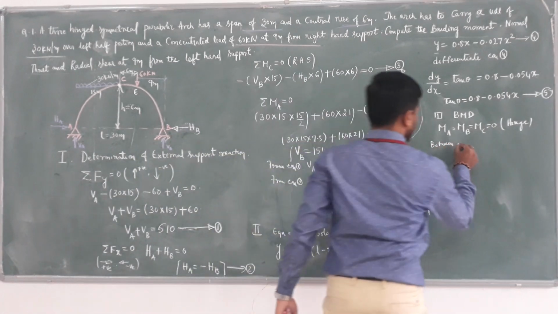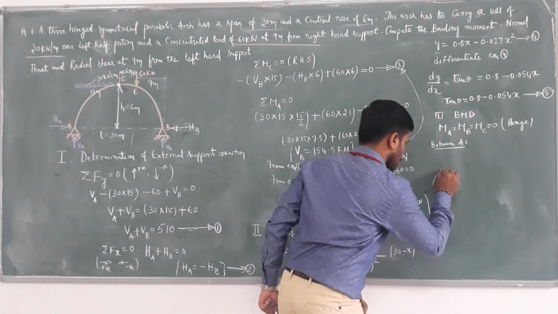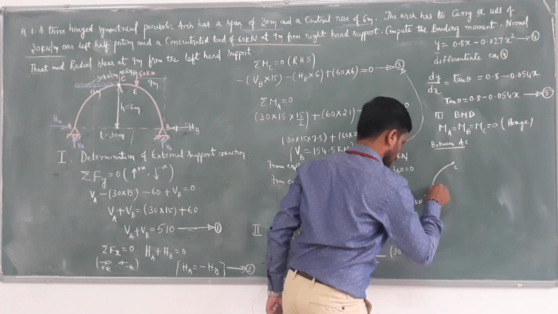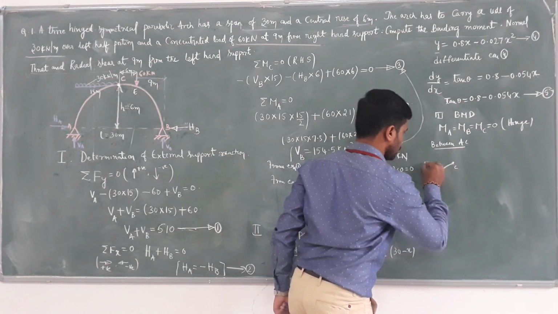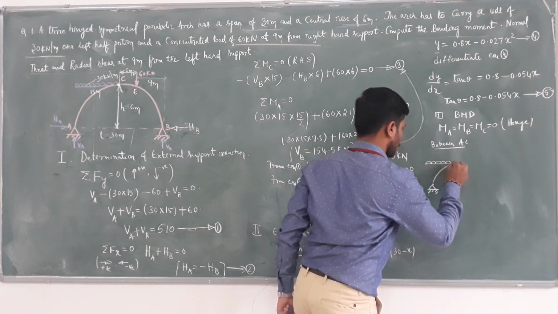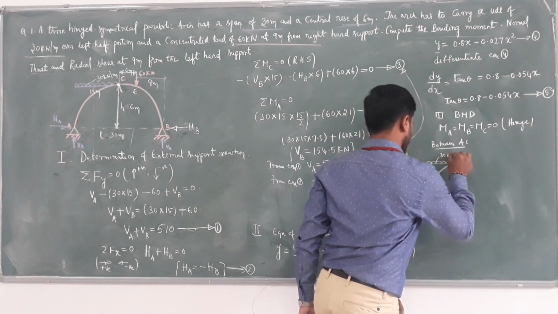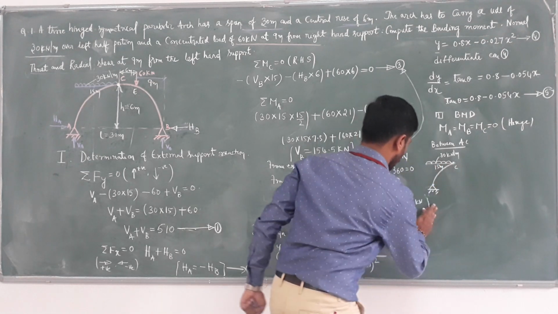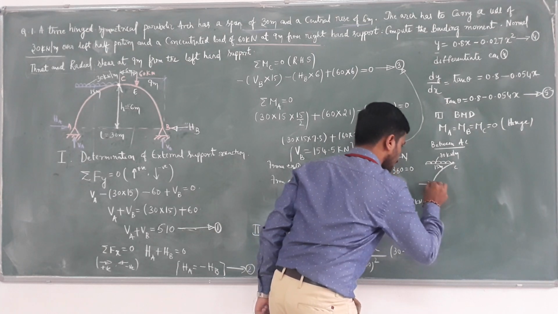So between A and C, we have a hinge, right? And there is a UDL of 30 kilonewton per meter, exactly at 15 meter. And also we have vertical reaction VA and HA.